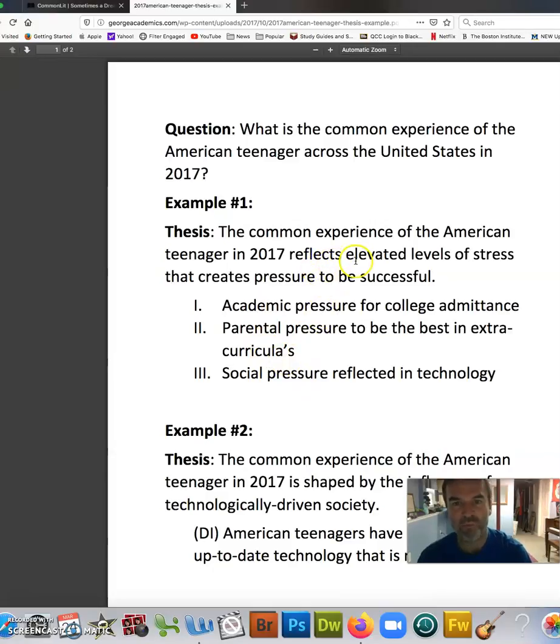For example, reflects higher or elevated levels of stress that creates pressure to be successful. I'm using these 3 different groups to help prove my main idea, which is this, based on the question that was provided up here.